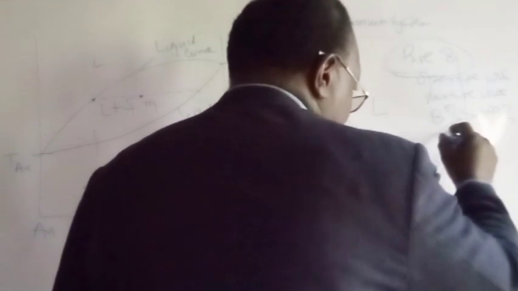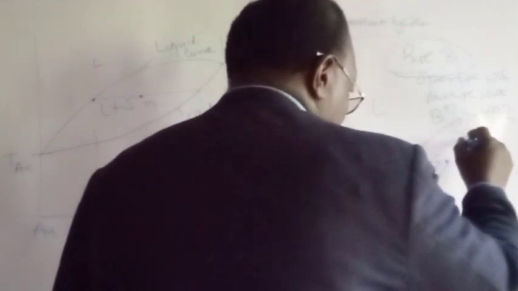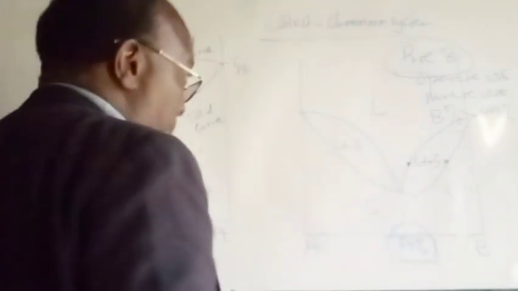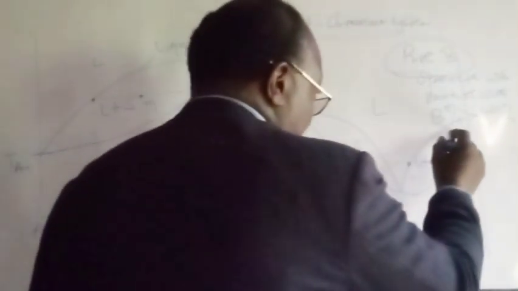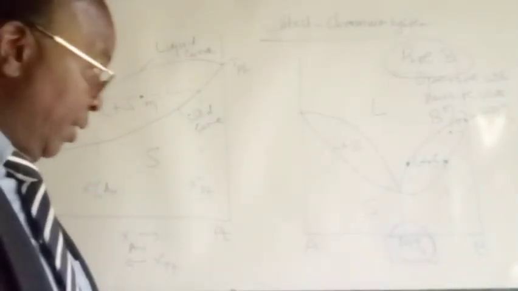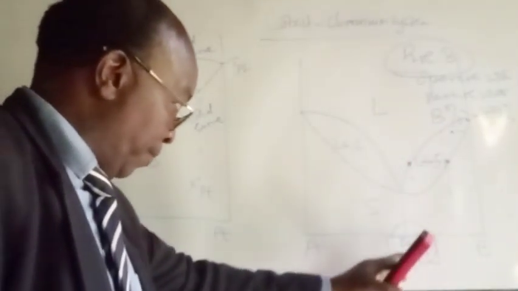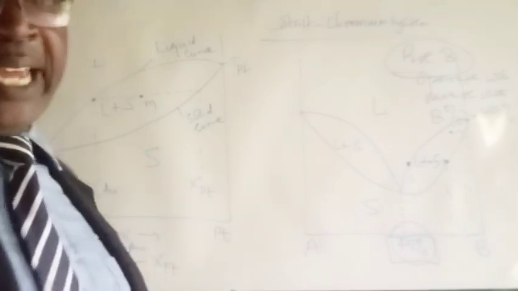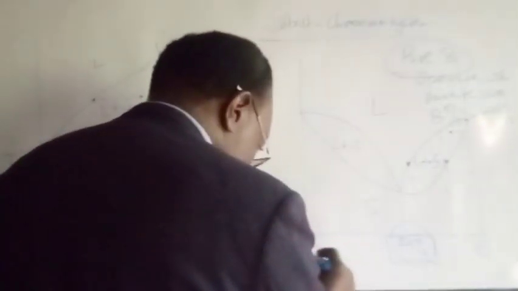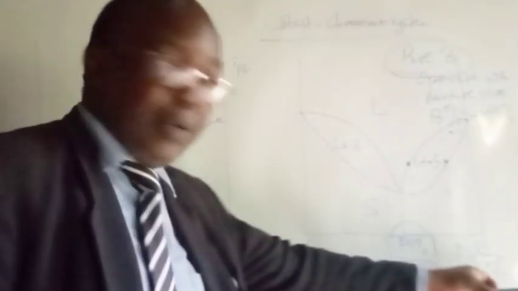You can continue in that direction until most of it is approaching your pure B, at the point where you are completing the pure B. So if you are operating below 49%, you cannot get pure B. In this particular case, if you say this is cobalt and that is chromium, then when you are operating below 49%, you cannot get pure chromium.